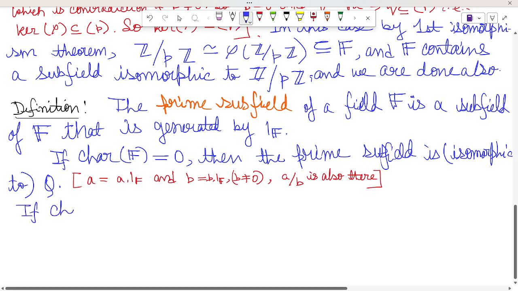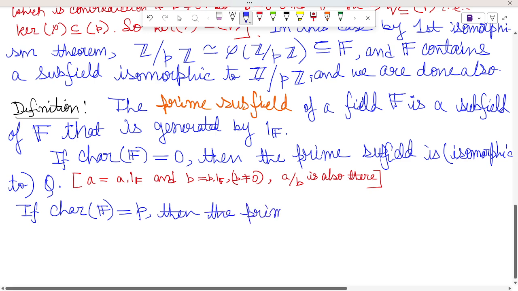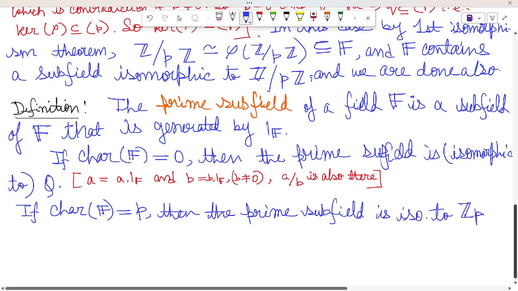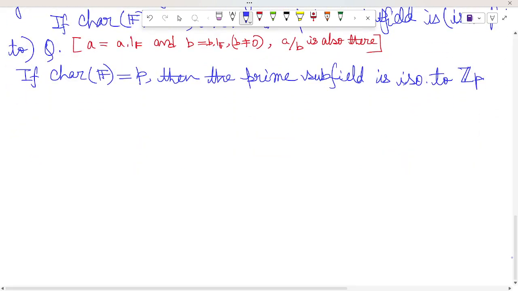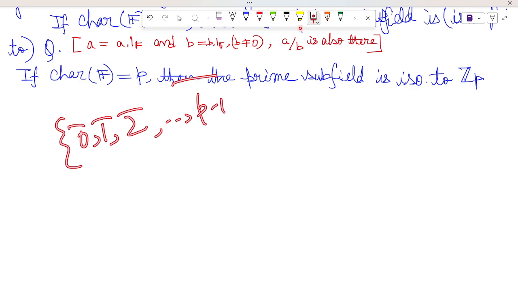If the characteristic of F is p, then its prime subfield is isomorphic to Z_p, because if you add 1 p times, you can get the elements 0, 1 bar, 2 bar, up to p minus 1 bar by adding.